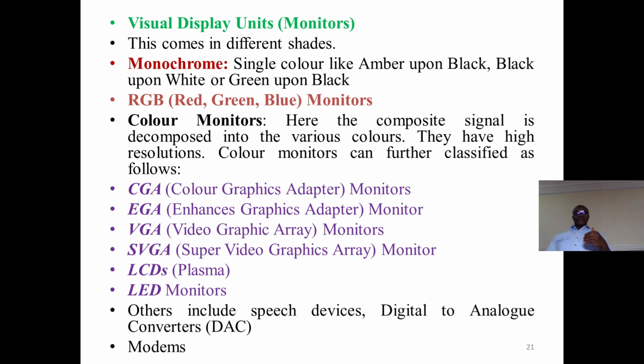The visual display units, otherwise known as the monitors, can come as a one-colored or single-colored system called the monochrome, or as RGB, red, green, blue monitors. The classification continues: CGA, EGA, VGA, super video graphics array, LCDs, and LEDs.